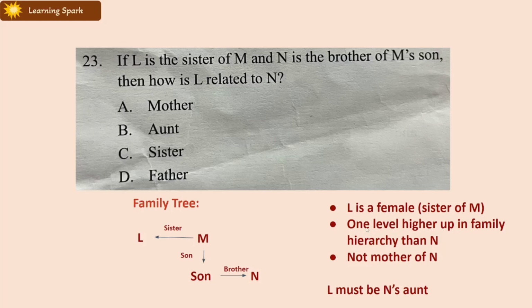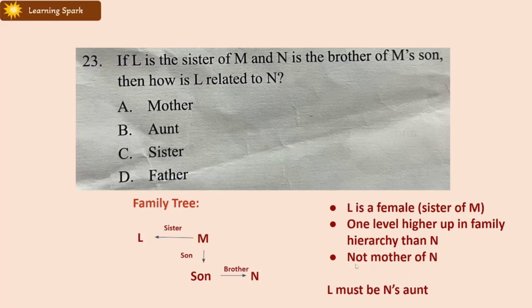Now second one is one level higher up in the family hierarchy than N. So N is in this level, L is at the top level. I mean, it's not at the same level of N, right? So L cannot be sister of N, okay, because they are not at the same level. L cannot be sister of N. So this is also out. Okay. So two possible answers, mother and aunt.